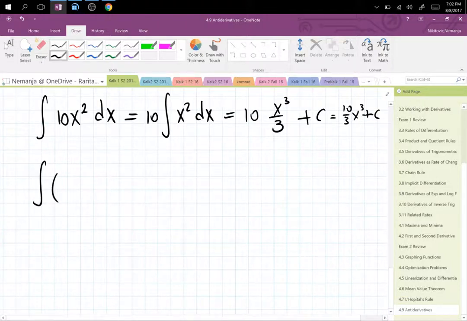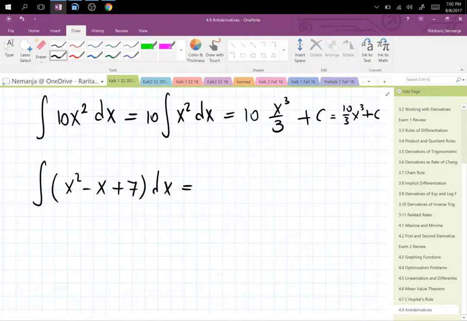So how much is the integral of x squared minus x plus 7 dx? What should we do in this case? Yes. So each one of these is separate.